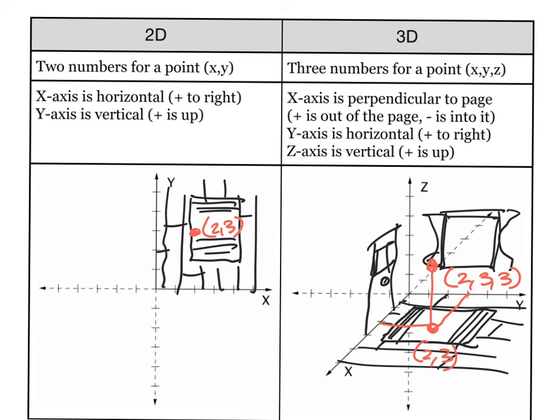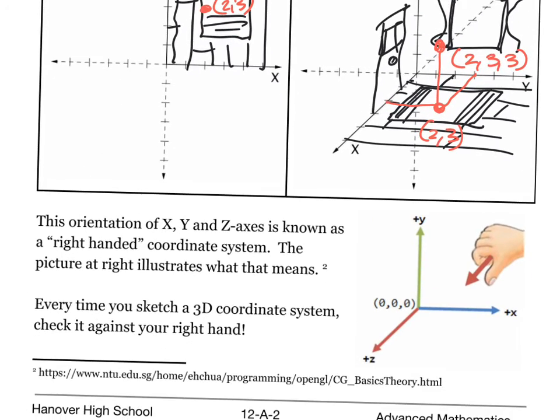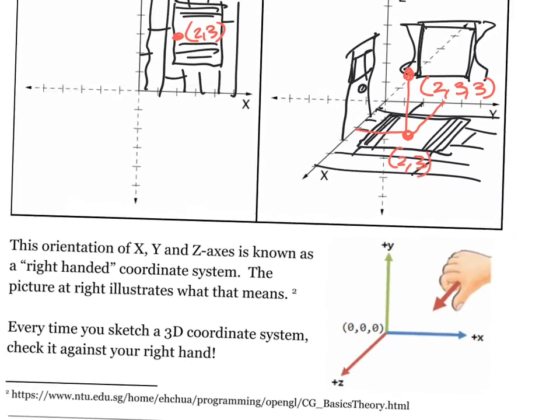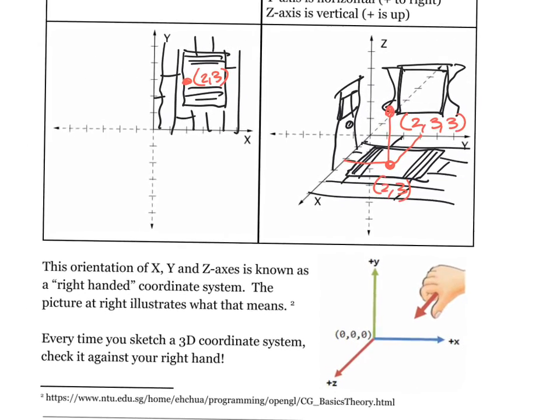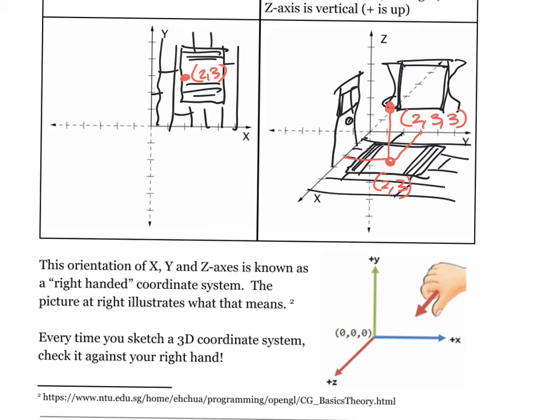This three-dimensional coordinate system is called a right-handed coordinate system. And the reason for that is shown here. And I'm going to try to put these two coordinate systems together. When we draw a three-dimensional coordinate system in advanced math, and most mathematicians will do this, they draw it with the x-axis kind of coming out of the page at you.